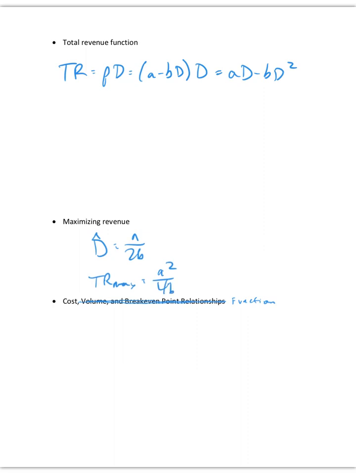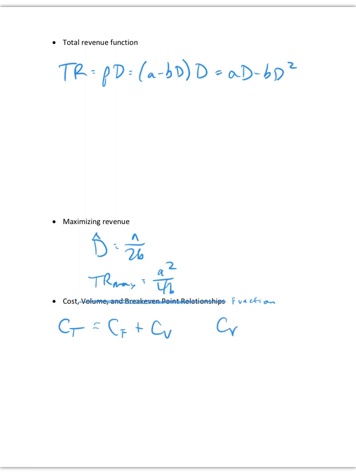All right, and you'll notice I've scratched off here where it says cost volume break-even point relationships. I'm just going to talk now about the cost function. So I've talked about the revenue function. Now what's the cost function? So the total costs that I'm going to incur, this relates to the cost definitions we are learning. Total cost is equal to two things, what we call the fixed costs plus the variable costs.